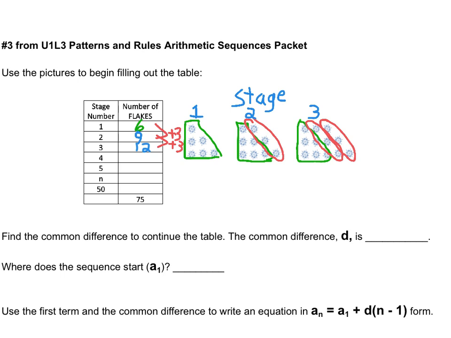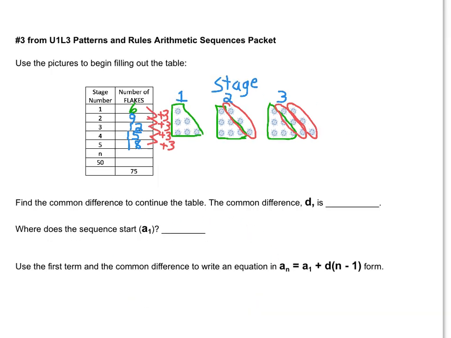Assuming that pattern continues, where I'm adding 3, stage 4 should have 12 plus 3, which is 15. Stage 5 then would have 18, because again, we took 15, we added 3, we got 18. So, now we've done that, let's fill in the rest of this to get down to our equation.